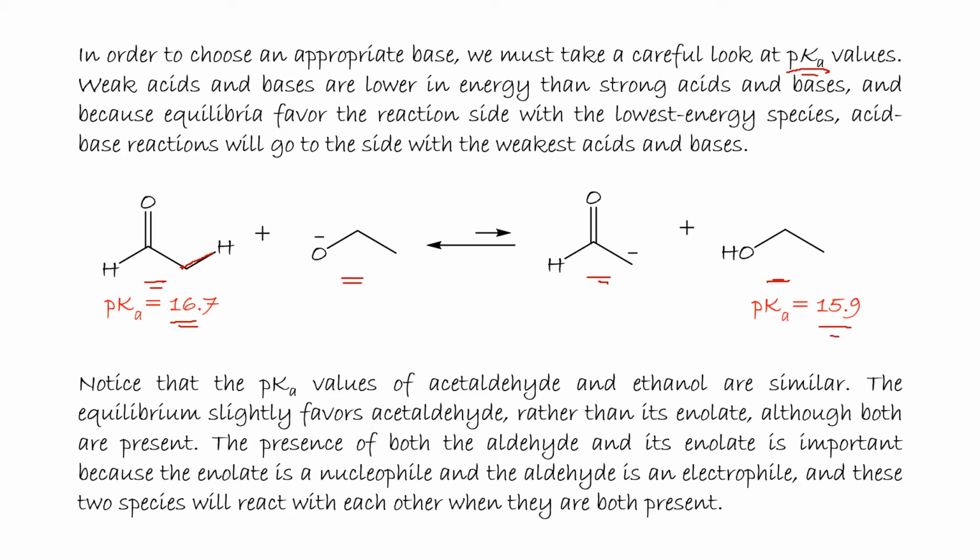They are similar, very close to each other. So we will have this reaction in equilibrium, which favors the weaker acid. So it's going back, 16.7 being higher than 15.9.